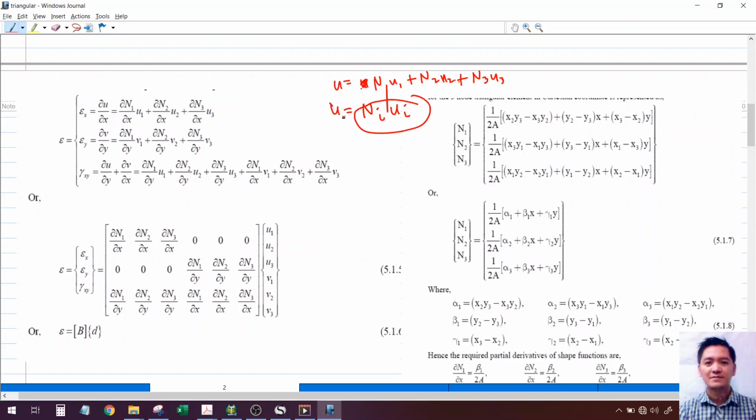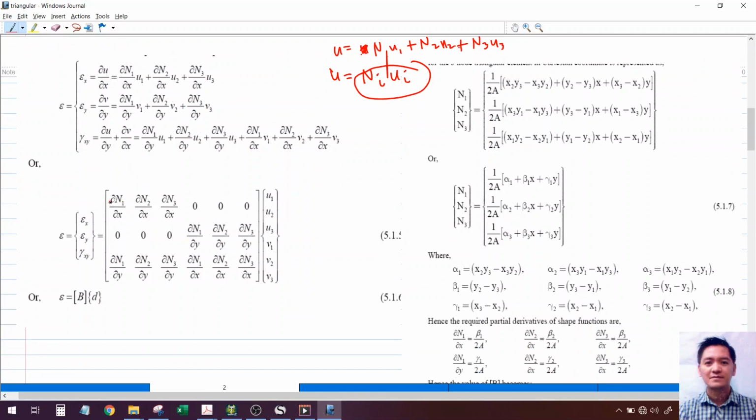Okay, now so to substitute that here, so du dx is simply dn1 u1 dx plus dn2 u2 dx plus dn3 u3 dx. Ganon din sa dv dy. dv dy is dn1 v1, dn2 v2, dn3 v3. So ganon din dito, du dy is dn1 u1, dn2, so okay, so on and so forth.